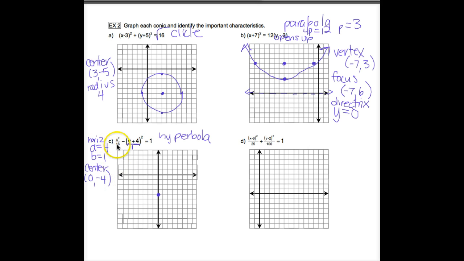Now, my vertices are going to be a away from that center. On the x-axis, because this is a horizontal hyperbola, I'm going to go 4 units in either direction. This time, I can just leave it because it's starting at 0.